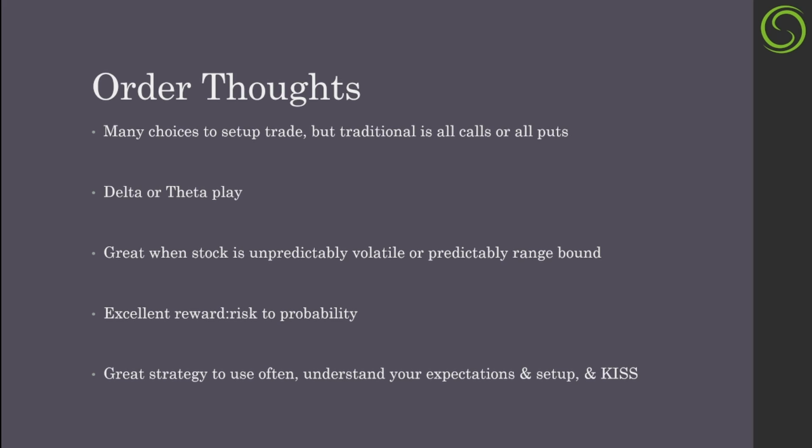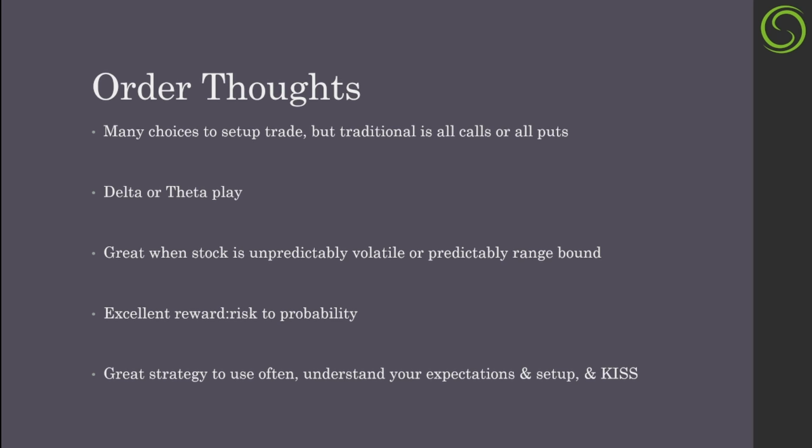I really wasn't even going to cover iron butterflies in this video, but I saw somebody else post a video about iron butterflies. And something they failed to mention is that iron butterflies are nearly the same reward to risk as normal butterflies. When I saw them going through to set up an iron butterfly with their broker, they were having to click all the different puts and calls to use.